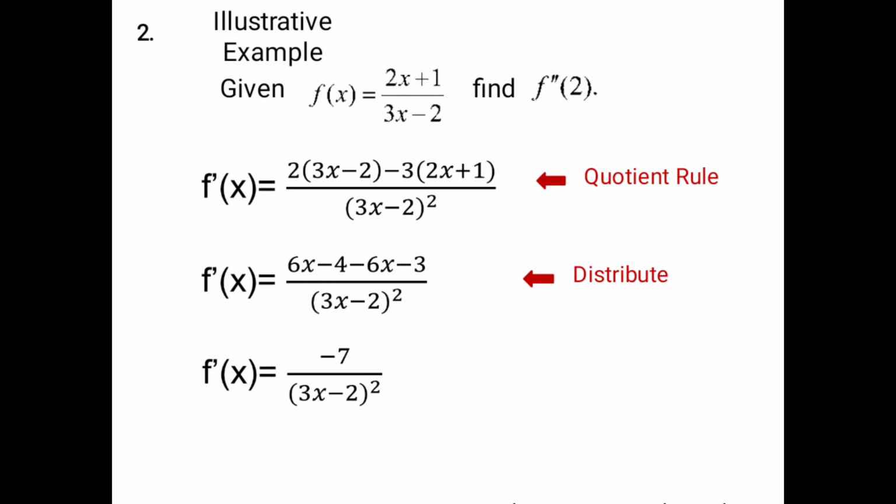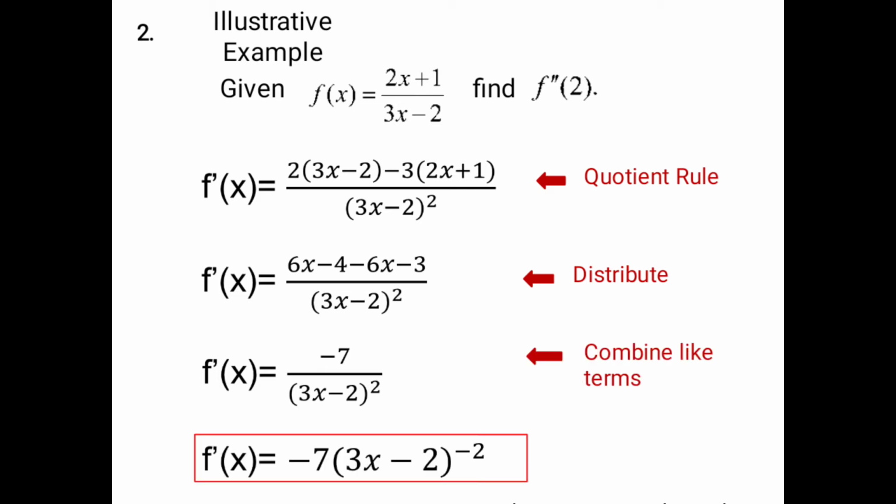Since this is in fractional form, we need to transform it into a non-fractional form, or just an exponential form with a negative exponent. It will look like this: negative 7 times the quantity 3x minus 2 raised to negative 2.